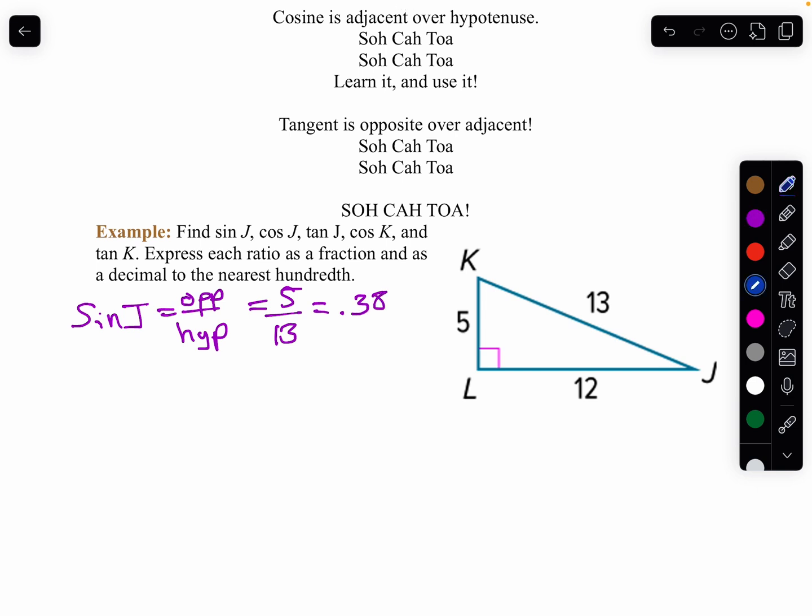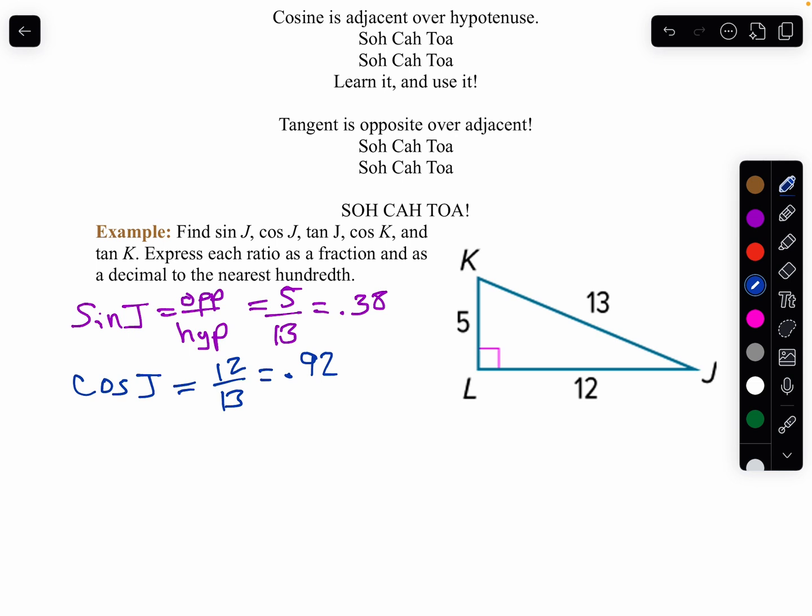Next, let's do the cosine of angle J. Cosine is adjacent, so next to, over the hypotenuse. So that would be 12 over 13. 12 divided by 13 is 0.92. Notice, on sine and cosine, we're always dividing by the hypotenuse. I'm always going to get a decimal number that's less than 1.